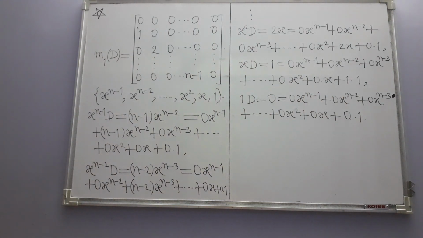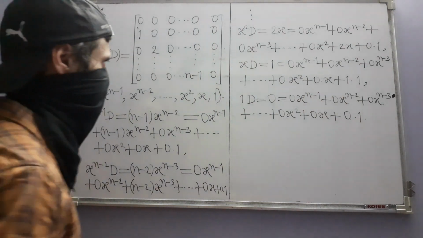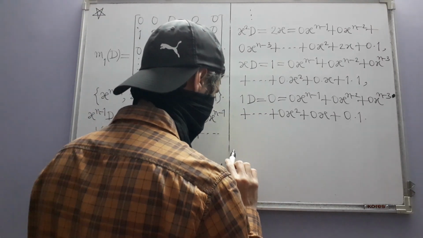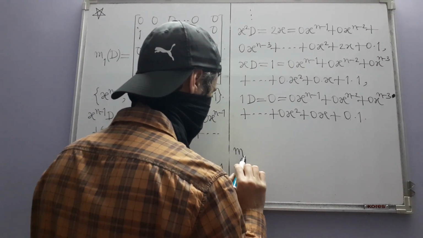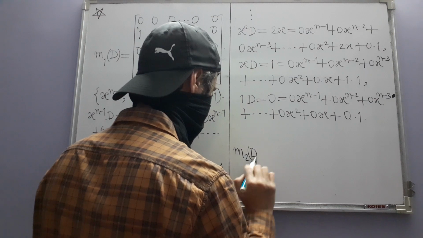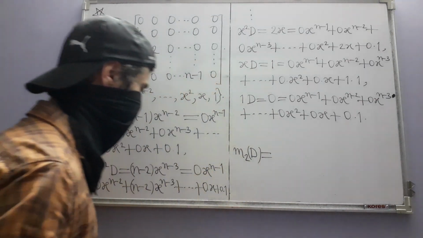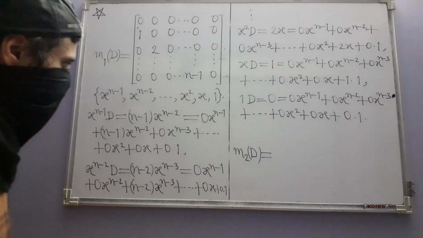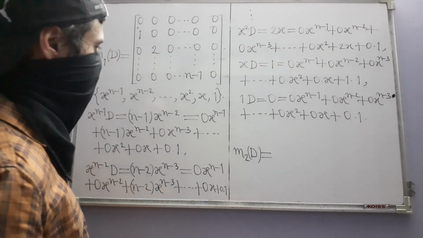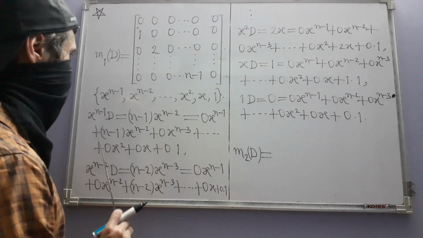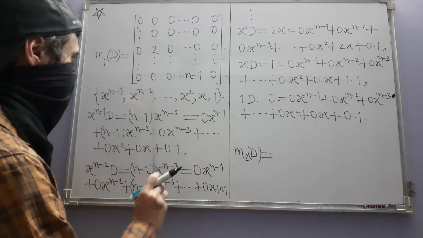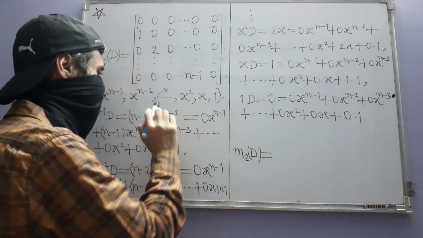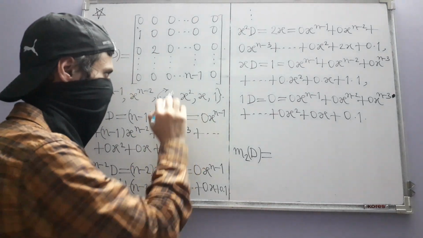Okay, now let's write the matrix. Can we manage the matrix here? I think we can. Let me denote it by M2D. Because we have decided to show how many vectors, we have also actually shown this one as well, not here but in these calculations.